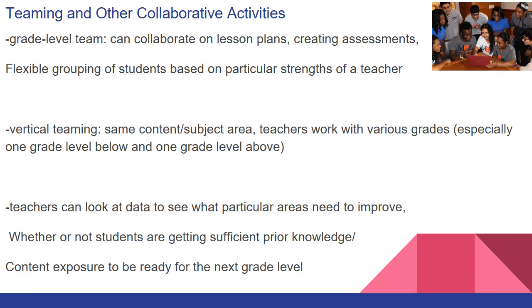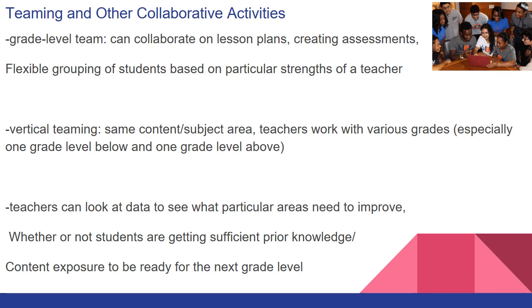A second type of team that teachers will often be placed in is called a vertical team. A vertical team will be teachers that are teaching the same content subject, let's say science, for example, and you'll have teachers from various grade levels at the school working on that same team, and they all teach that same topic, that same subject or content area, like science that I gave as the example.